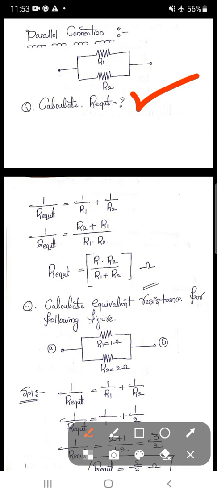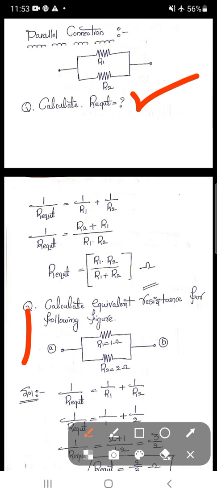Just remember, in series connection we directly add all the values of resistances, but in a parallel connection, we consider the reciprocal of each element. The addition of the reciprocal of each element gives the equivalent resistance of any parallel combination.